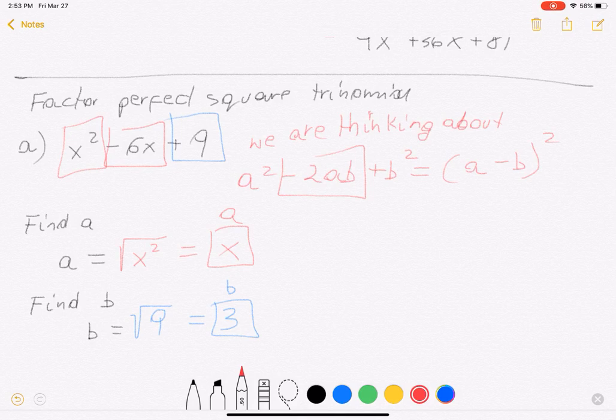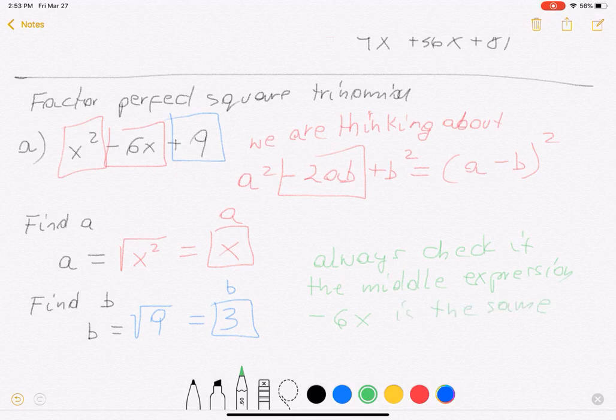always check. Always check if the middle expression, which is negative 6x, is the same as negative 2ab.